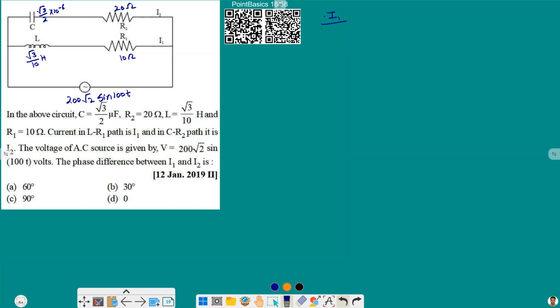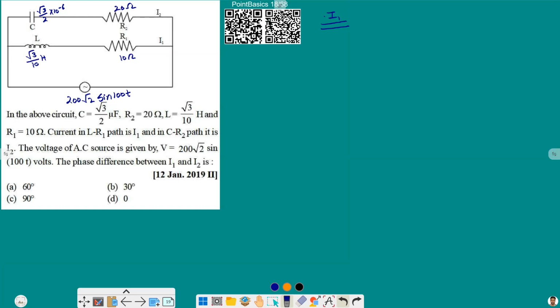Now we are doing calculations for I1. To calculate the phase difference with respect to voltage, you have to be very cautious that one is an inductor circuit and one is a capacitor circuit. So both of them will give phase difference in different directions. Let's first start with the inductor circuit.